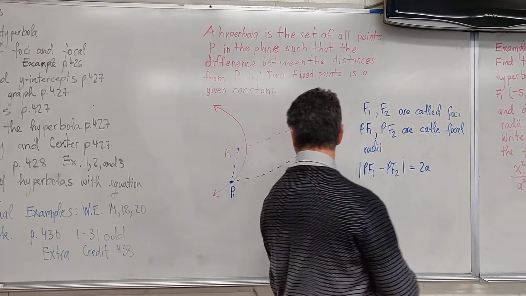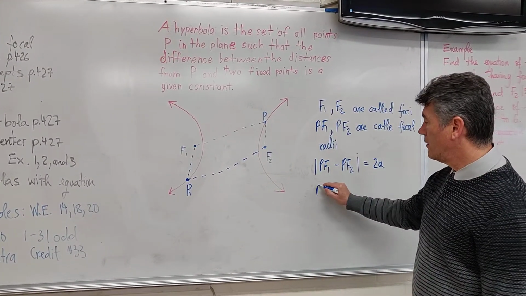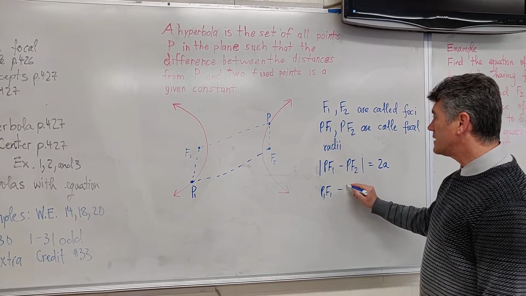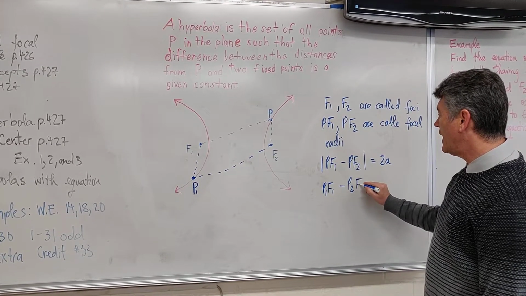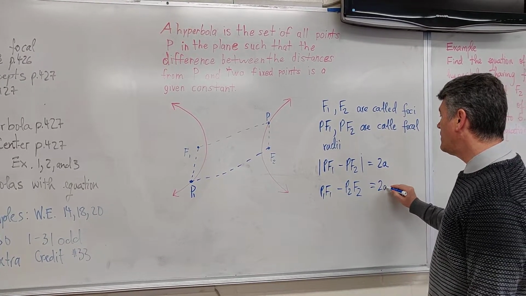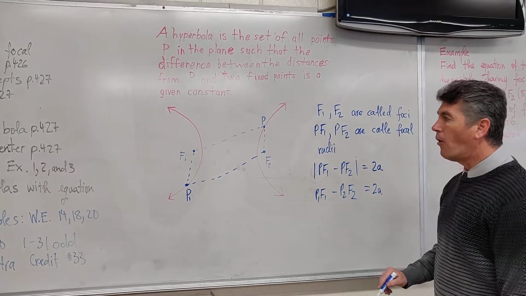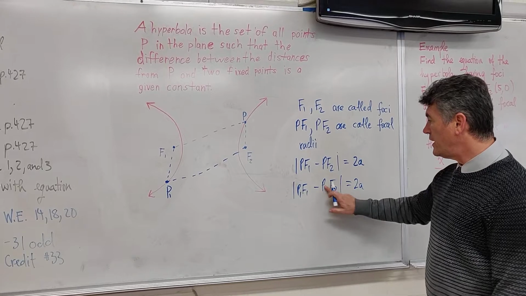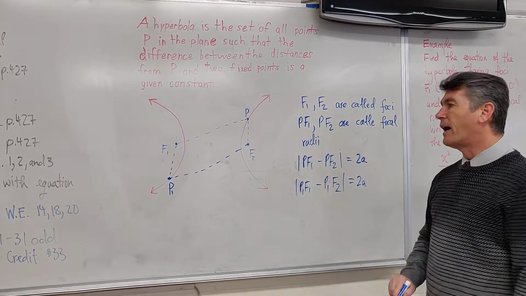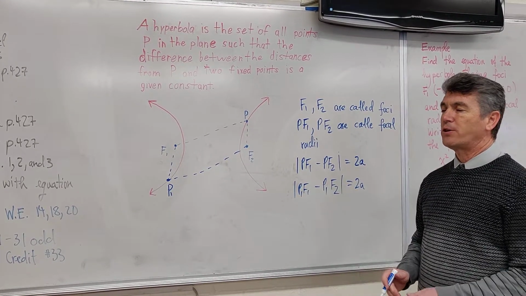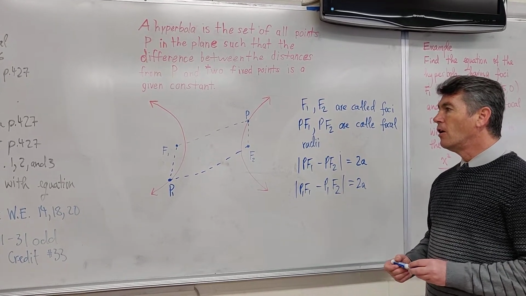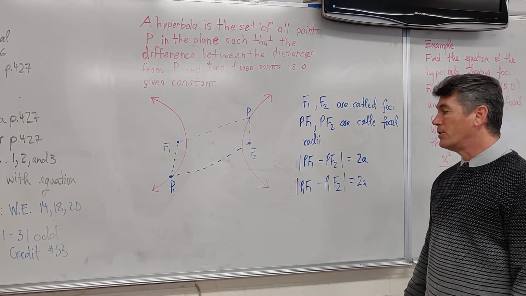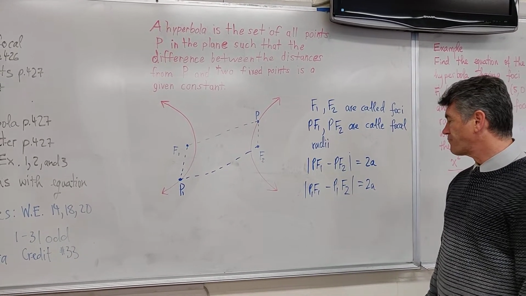So this time, we couldn't just write P sub 1 F sub 1 minus P sub 1 F sub 2 is equal to 2a, because this would be false. So that's why we need the absolute value bars. P being an arbitrary point, we don't know whether it's closer to the focus on the left or the one on the right.